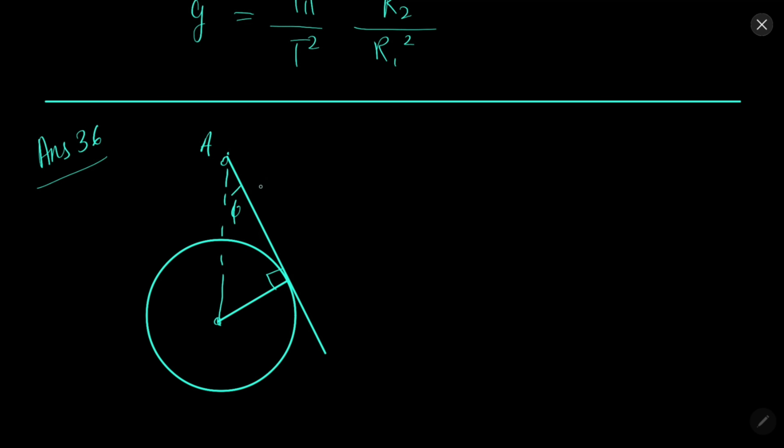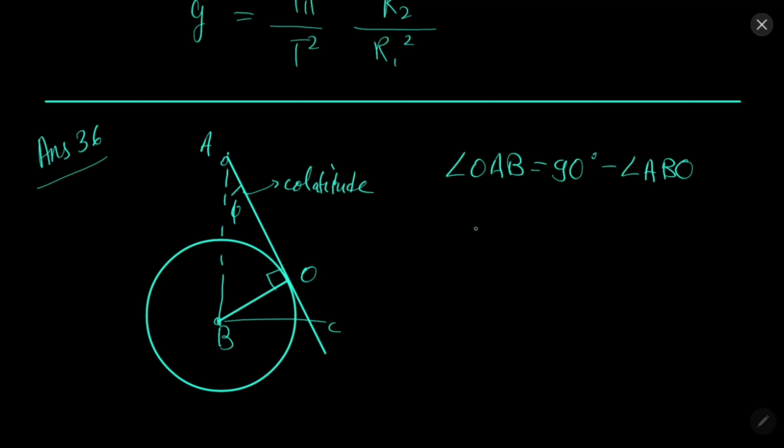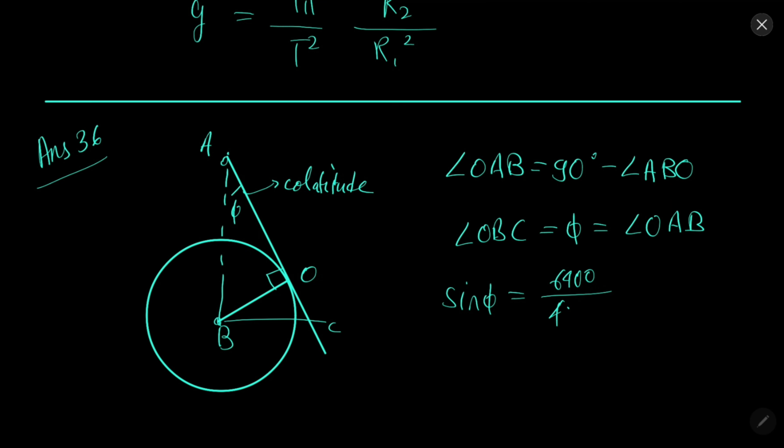This is A and this is the co-latitude. This is B. Let this be C, O, A. So angle OAB is 90° minus angle ABO, and angle OBC is phi, and it is equal to OAB. So sin phi will be perpendicular upon hypotenuse, 6.4 over 42.3. So phi will be sin inverse 0.15.